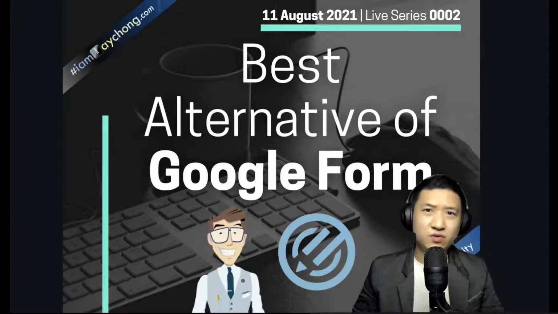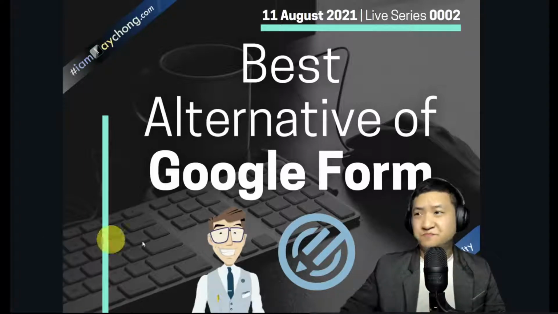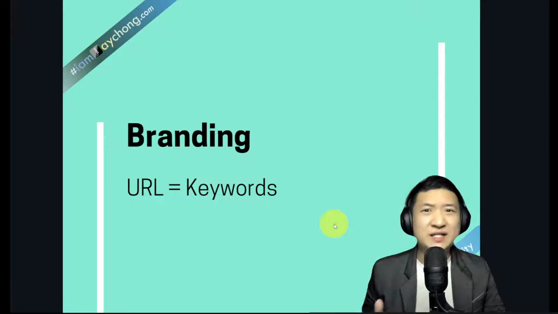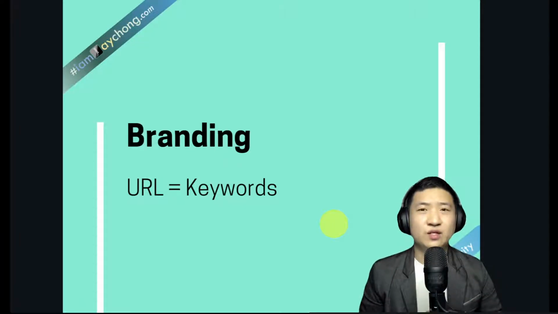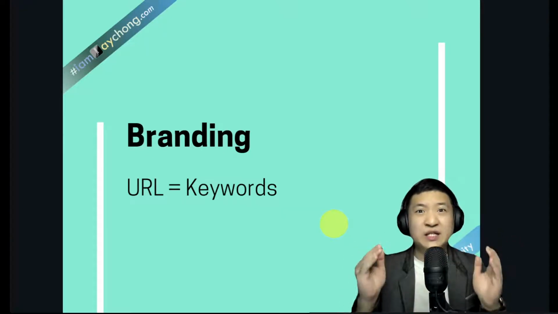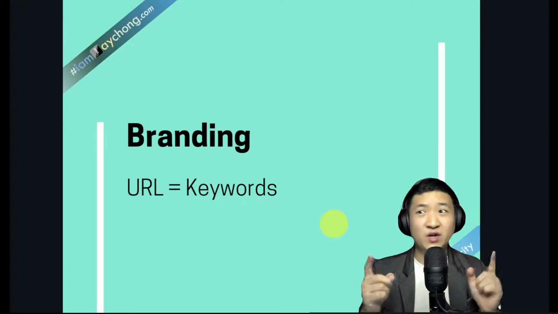Let me share with you the number one factor that made me switch to Forminator compared to Google Form, which is branding. I'm sure most of the time when you receive a Google Form, the URL is random words and there's no meaning. And moreover the URL is so long.